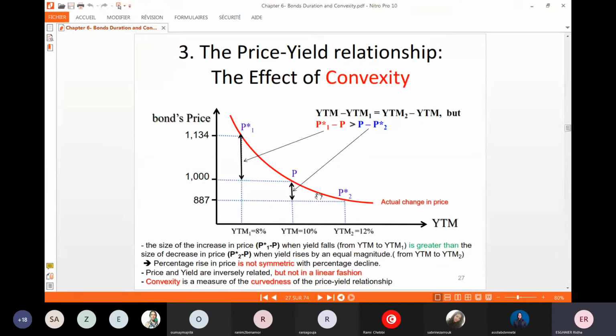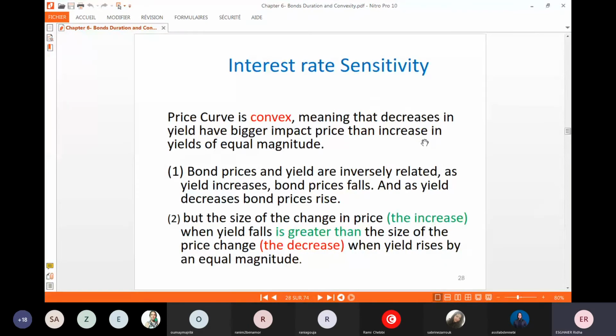Now, the sensitivity of the price of the bond means the variation of the price of the bond due to the variation of the market interest rate. We say sensitivity means variation of the price due to variation of the market interest rates.